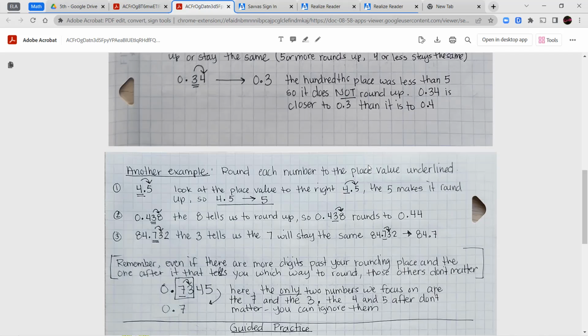We're going to look at the hundredths place, which is the place value right after it. Here we can see that in the hundredths place, we have a 3. Now 3 tells us that we're not going to move our number. Our 7 is going to stay the same. So it's going to be 84 and 7/10. So remember, we drop everything that comes after that digit once we decide which way it's going to go.